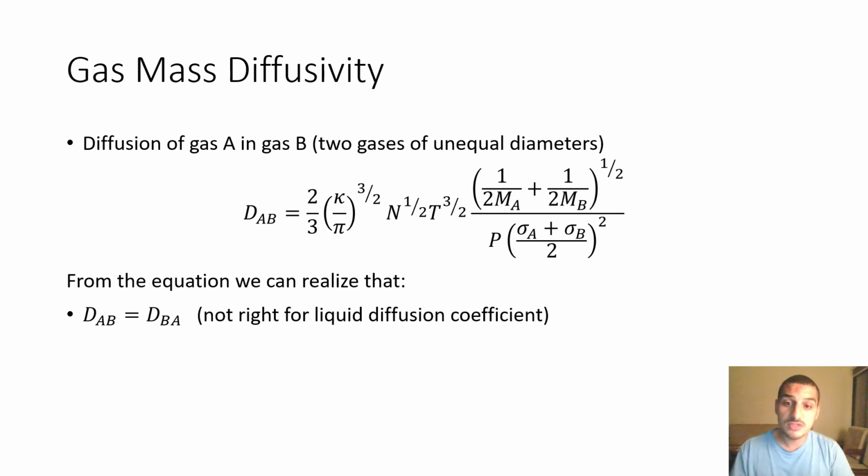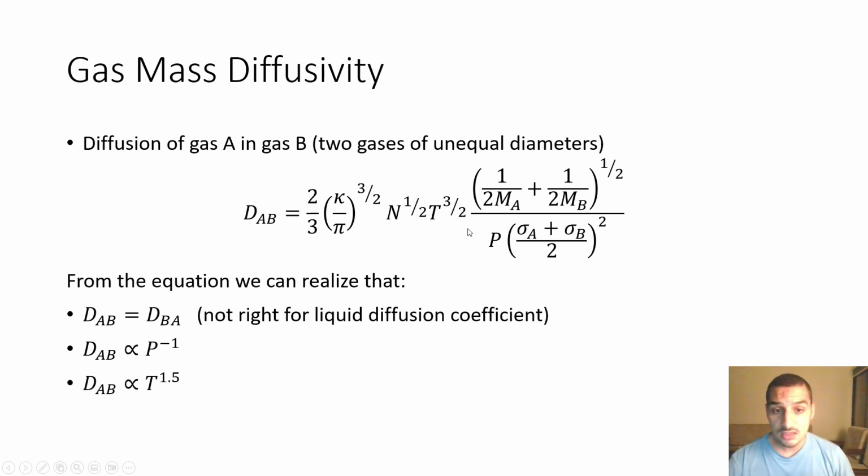The second observation is that the diffusion coefficient is directly proportional to temperature to the power 3 over 2, and it's inversely proportional to pressure. And this is something we can get logically. If you increase the pressure, then the molecular spaces would be smaller, and then the diffusion would be more difficult. So as pressure increases, the diffusion coefficient will decrease.